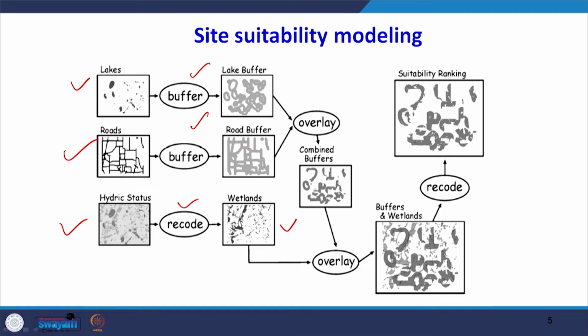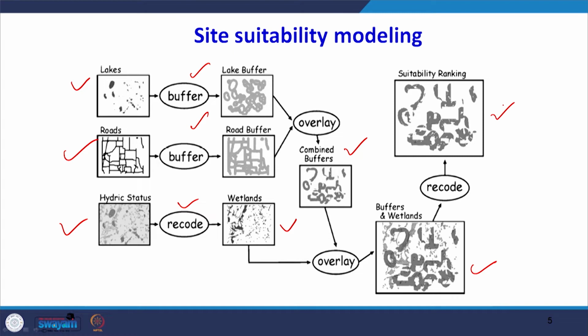Now, we are combining the first two buffer maps to get the combined buffer map, and then we are combining this with the wetland map, and we can find out which are the suitable areas to develop as wetland areas which have good connectivity, which are closer to the road and connected to it, and where lakes are also available in that particular area.